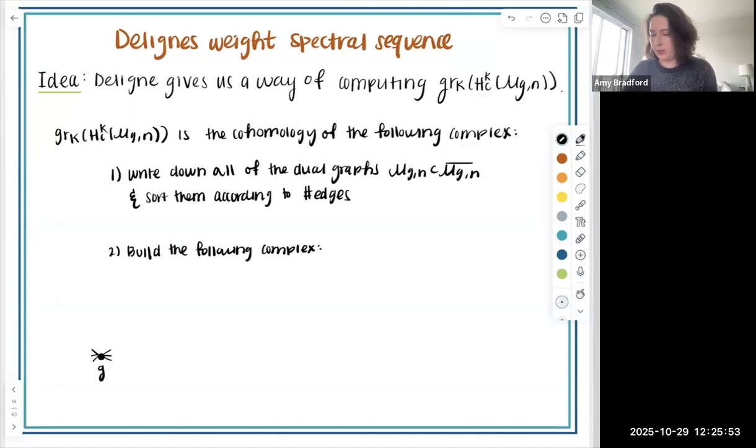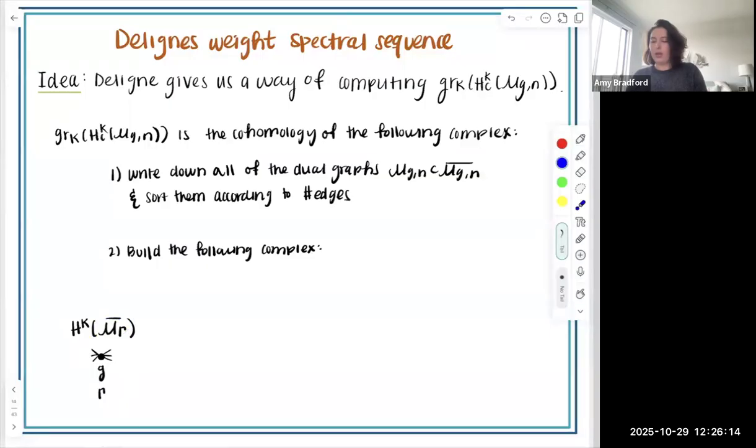And then what we do is, if I want to build the kth graded piece, then I'm going to build this out of H^k of, let me write it down, then I'll explain, of this M_gamma bar. So what is this? I'm letting this graph be gamma, and then I'm saying, let's collect every single curve inside of M_{g,n} bar whose dual graph is this very particular dual graph gamma.